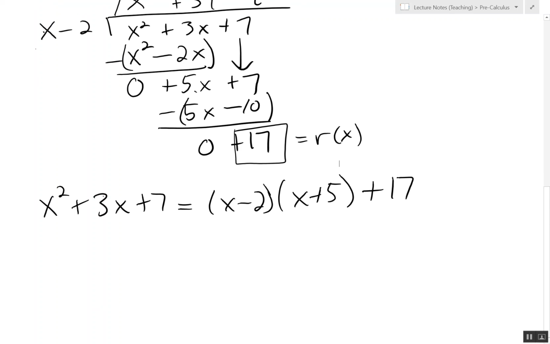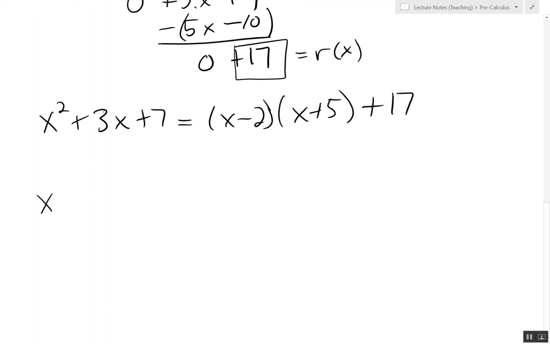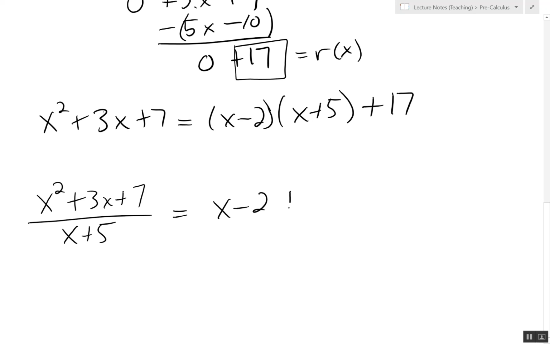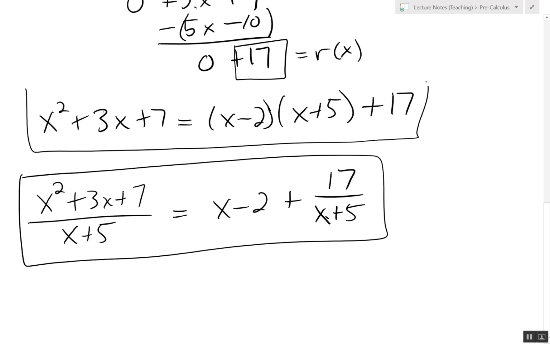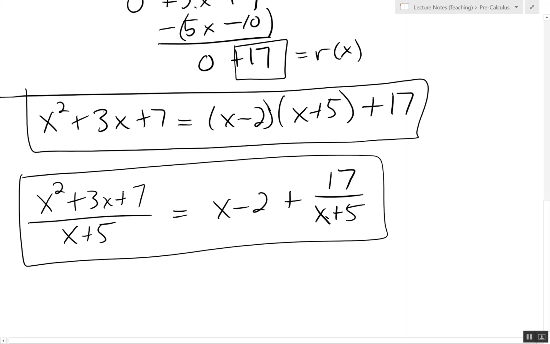And this is not how we normally write it, but we would normally write it in a course like this as x squared plus 3x plus 7 all over x minus 2 equals x plus 5 plus 17 over x minus 2. And which form you give it to me in, it really does not matter. Whatever you are more comfortable with is perfectly the same to me because they're equivalent.